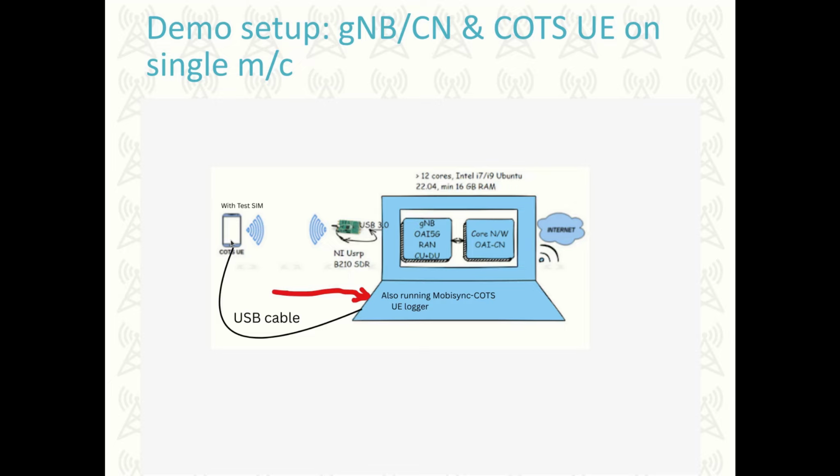There is another USB port which I am using because I want to get the mobile side logging or the protocol logs, because I am running this Mobisync UE logger. Okay, so is this clear? This is also running here on the same Ubuntu OS. So that is clear?